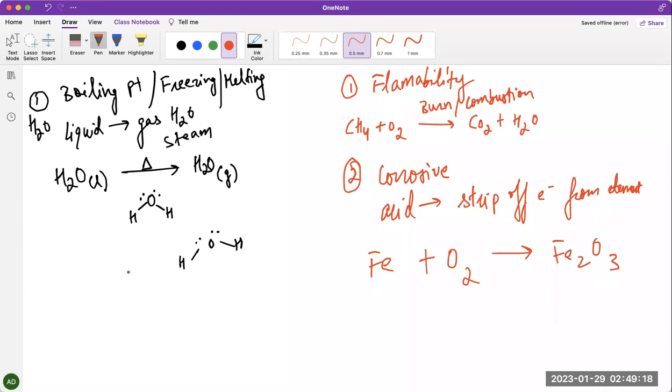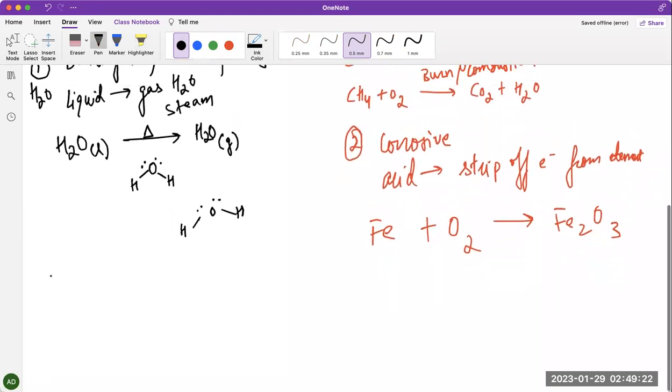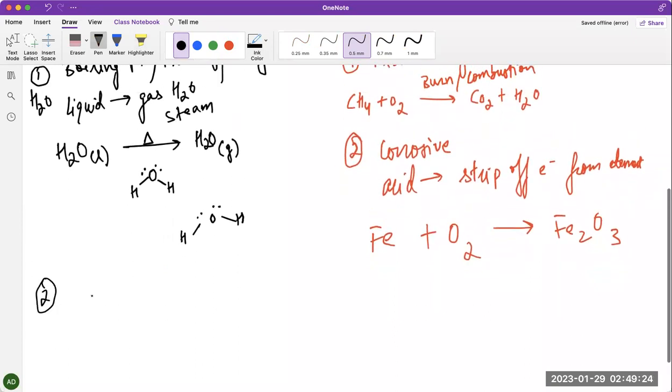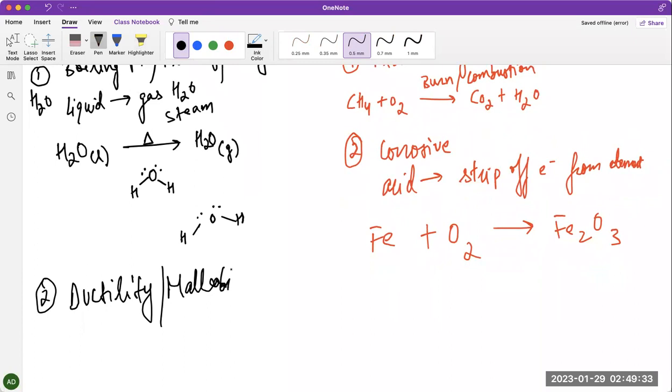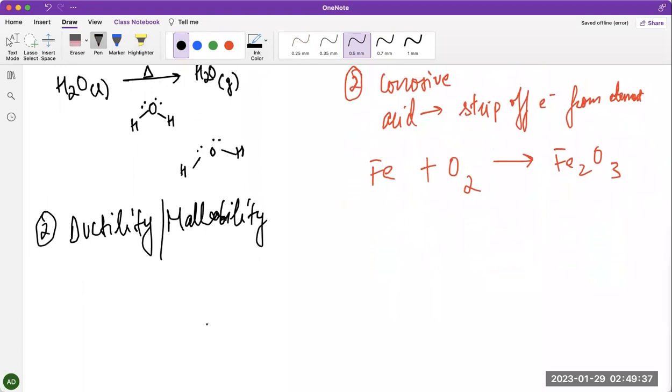Okay. All right, now let's take some more examples of physical changes or physical properties. So guys, ductility and malleability, these are also physical properties. So ductility is where, imagine a copper wire.